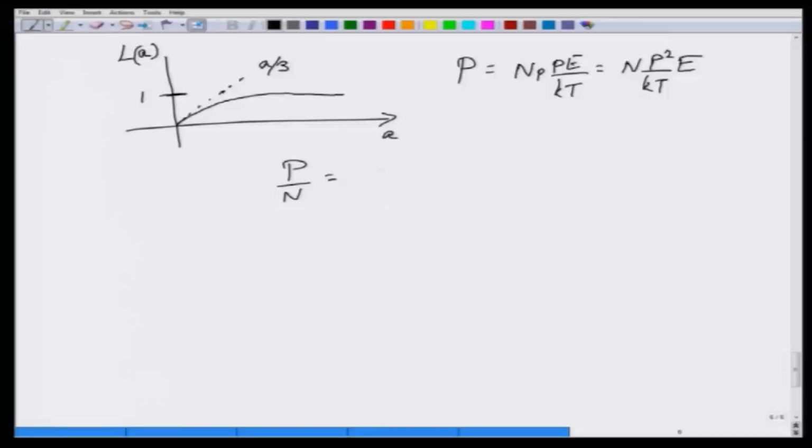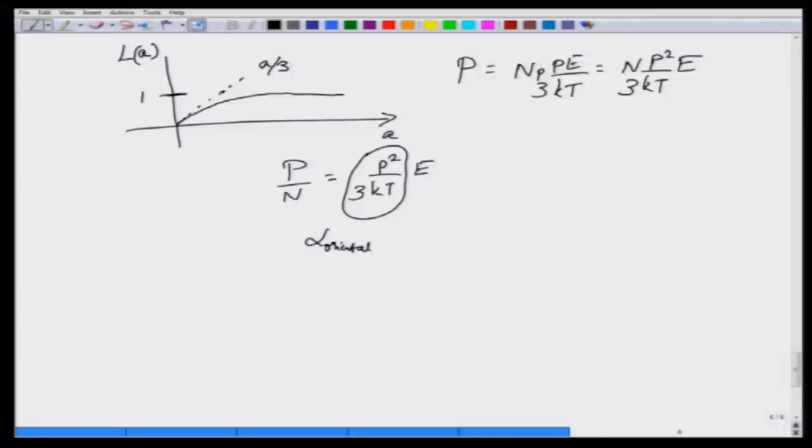Sorry, there is a 3 here, because this is a by 3. So this becomes p square by 3kT into the electric field. This quantity is called the orientational polarization. This is alpha orientational that we were looking at.